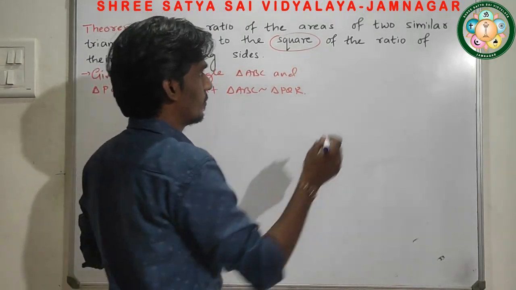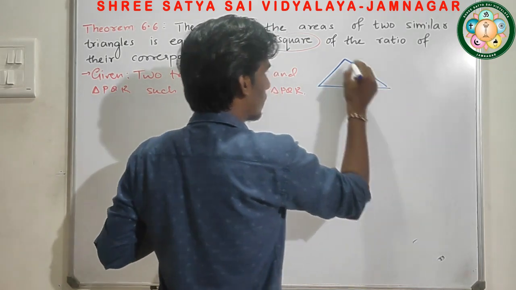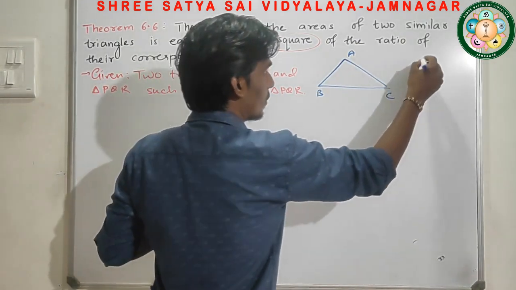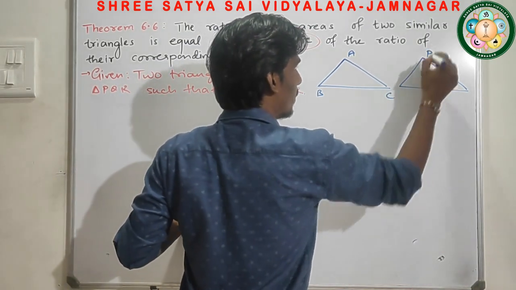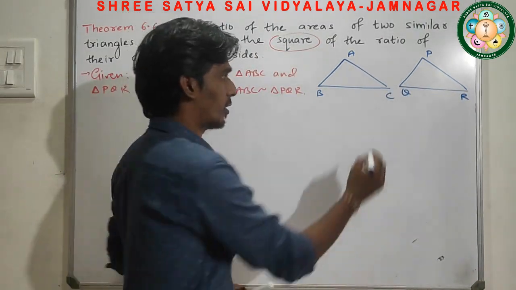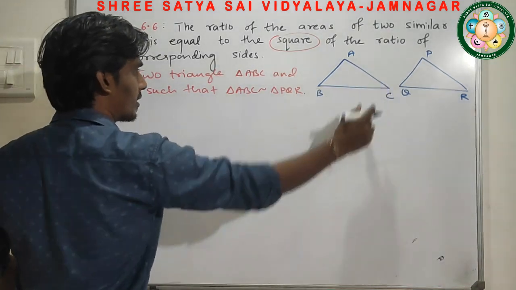Let's draw this diagram. This is A, B, C. This is P, Q and R. These are the two similar triangles given in the question statement itself. These two triangles are similar.